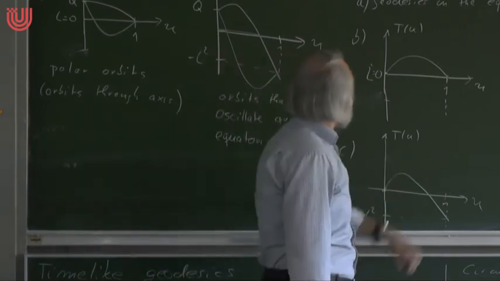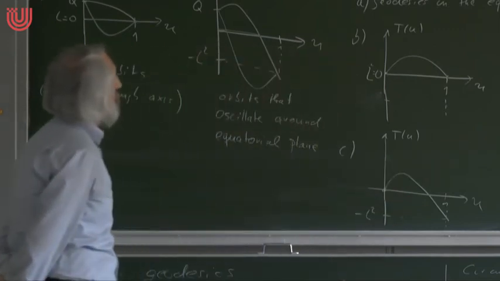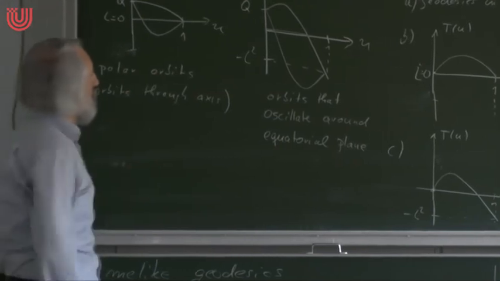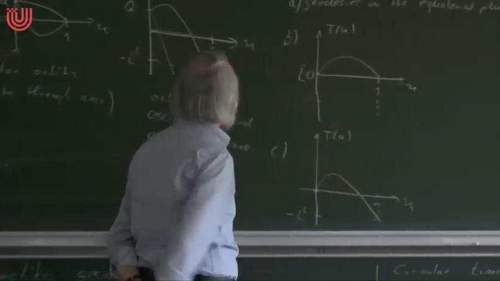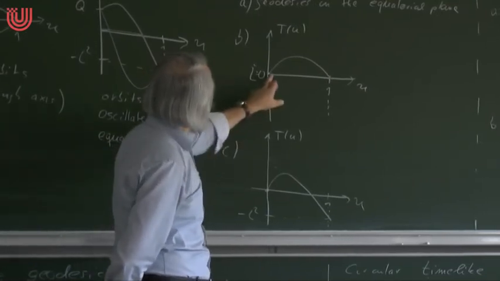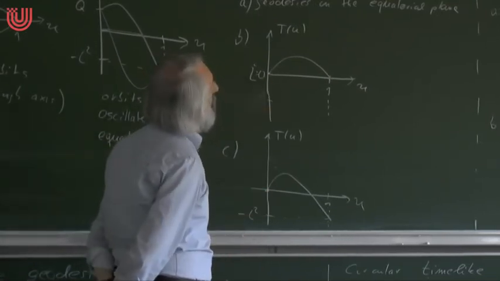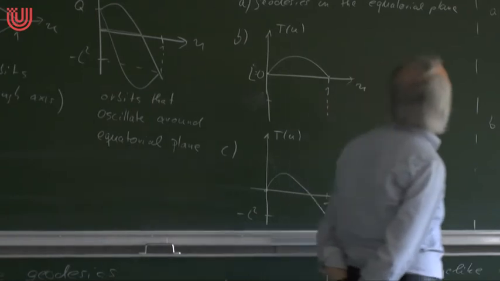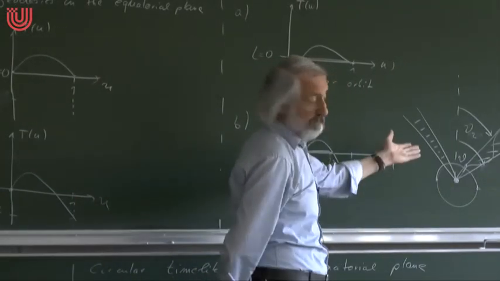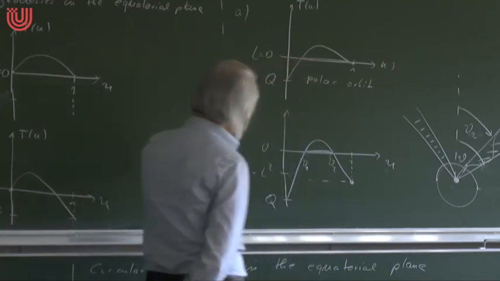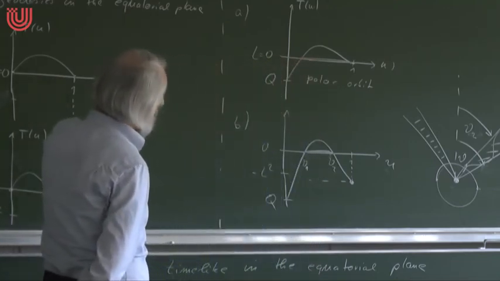Then we have the geodesics in the equatorial plane with some special cases where the equatorial plane is approached asymptotically, or the ring singularity is approached. And then we have, as a completely new feature, these vertical time-like, and there are also light-like vertical geodesics.